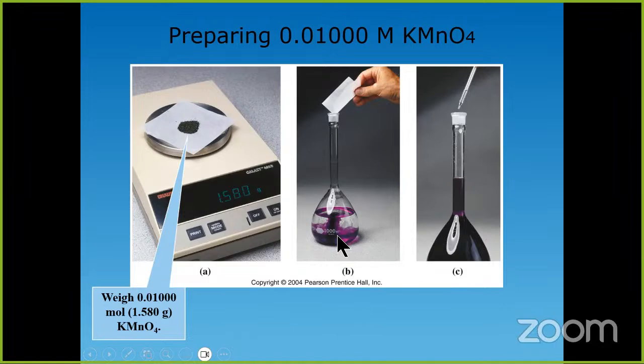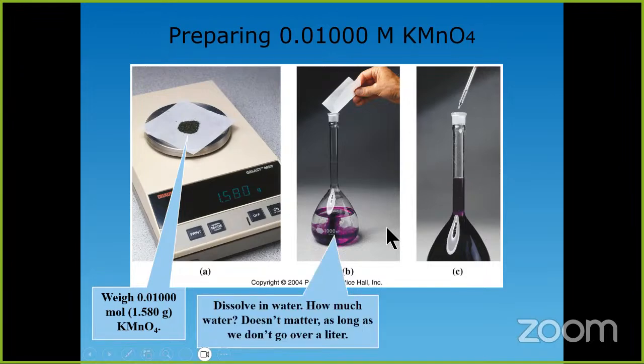And then you add it to your flask and you add some water to it up to about 1/3 or halfway full. And then you would stopper it and shake it up to make sure that the solution is homogeneous. And then you add more water dropwise until the meniscus gets up to the mark, right?